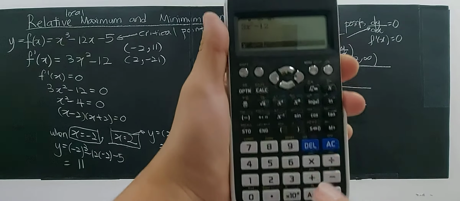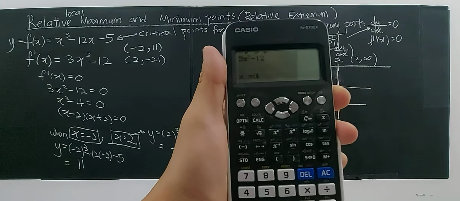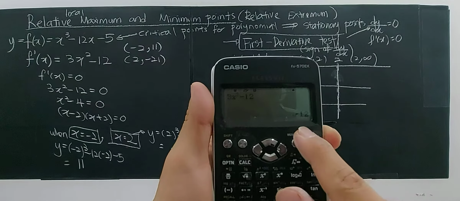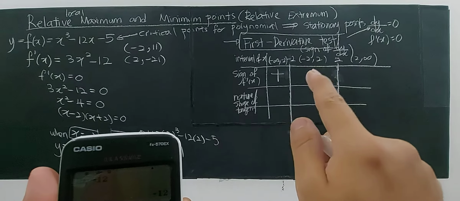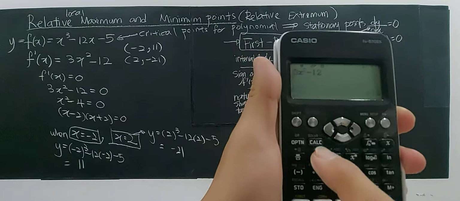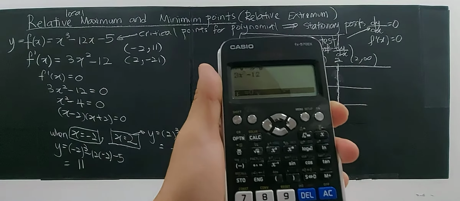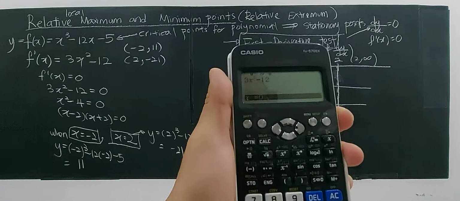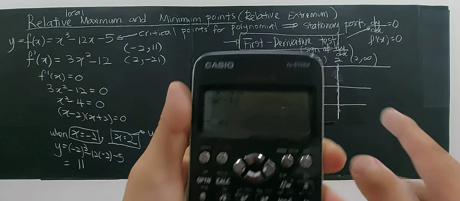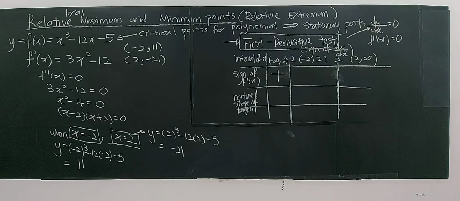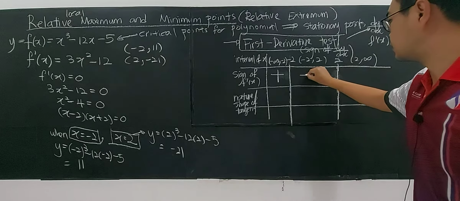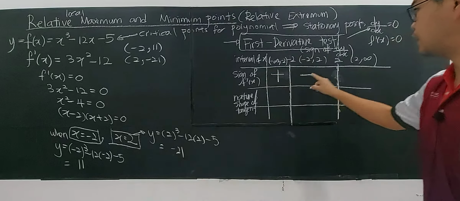Calculating 0, you still get a negative number, -12. Calculating 1, which is still in between these two, you still get a negative number. So the sign of f'(x) here is negative.